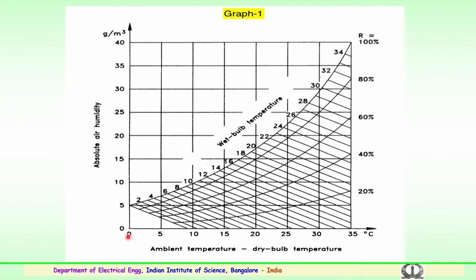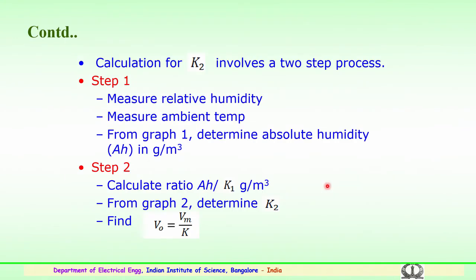So, depending upon the values, considering both the wet bulb temperature and the dry bulb temperature, for example, if the dry bulb is 20 degrees and the wet bulb is 18 degrees, you can go through the graph and see that this corresponds to, say, 16 grams per meter cube. Similarly, the values are read from the graph, and this gives the absolute humidity in grams per meter cube.